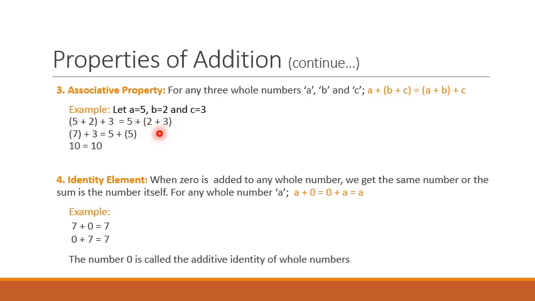Let's first solve the brackets. 5 plus 2 gives me 7, and this 7 is then added to 3. On this side, add 2 and 3 first since they are given in brackets. This sum is equal to 5. Now 7 plus 3 is equal to 10, and 5 plus 5 is also equal to 10. So changing the grouping doesn't change the sum. Ultimately we get the same sum.